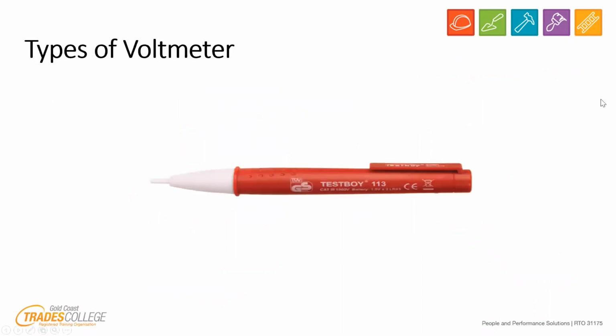On the screen in front of me, we have an example of a volt stick. This particular type works by what they call proximity testers. Proximity means close to. So it works by detecting an electric field.